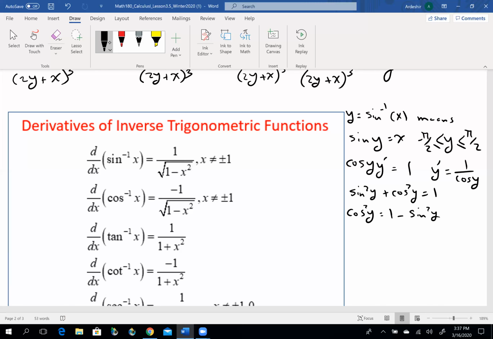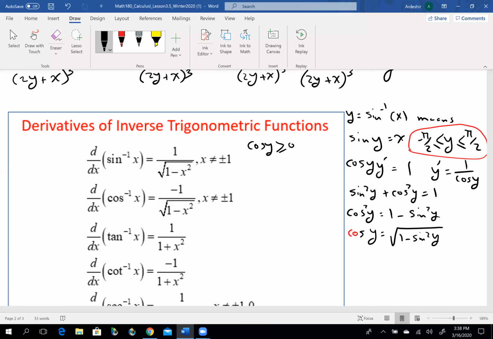Let me just write it down here on the side. The cosine of y is greater than or equal to 0. Why? Since we know that y is between negative pi over 2 and pi over 2, the cosine of y is greater than or equal to 0. So when we take the square root of both sides, the cosine of y is equal to the square root of 1 minus sine squared of y.